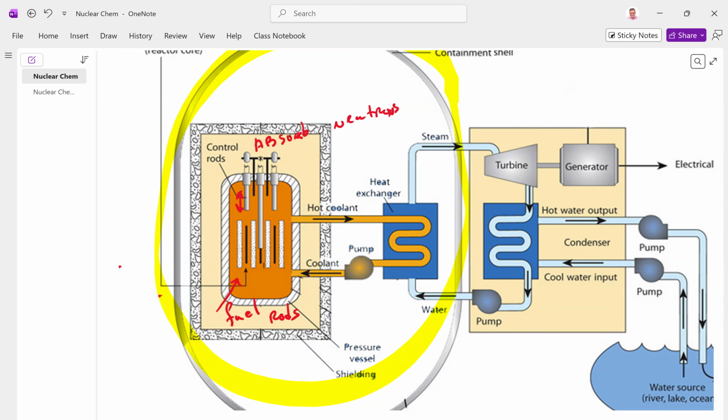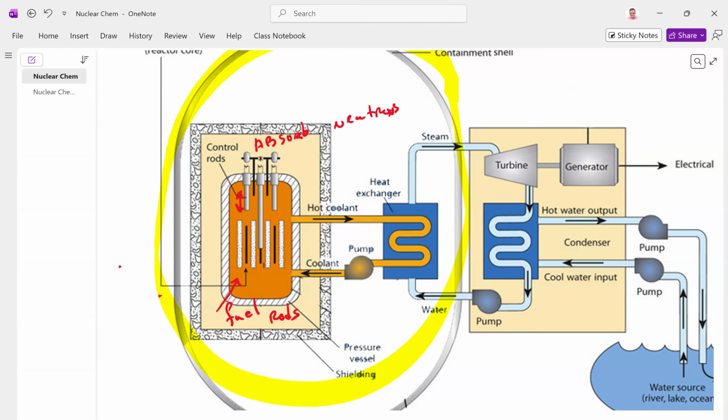No neutrons, no reaction. So that's the way the power plant controls the reaction. You lower the control rods down into the fuel rods. The control rods absorb neutrons and the reaction slows down.